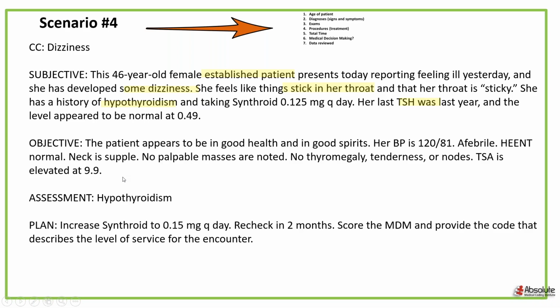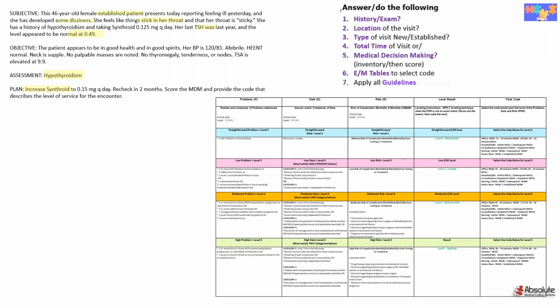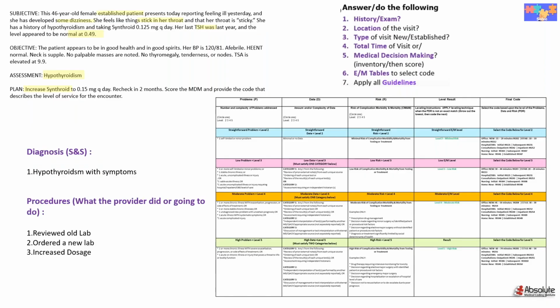Her last TSH was normal, and the current TSH is elevated at 9.9, and the patient was diagnosed with hypothyroidism, and there was a plan to increase the Synthroid to 0.15 mg. So let's answer the questions. Was there a medically appropriate history and exam performed? Yes, there was.